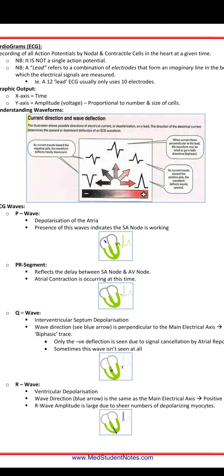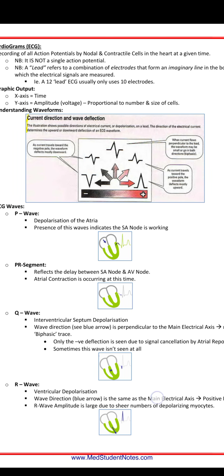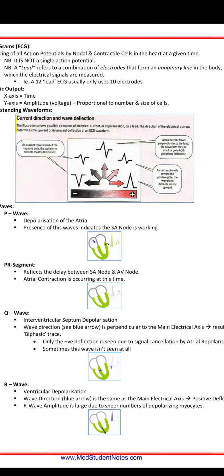Every time, we have to say the R wave means the positive side of the lead. It is the positive pole, and the waveform deflects mostly upward. The R wave is due to ventricular depolarization, and the wave direction is the same as the main electrical axis.